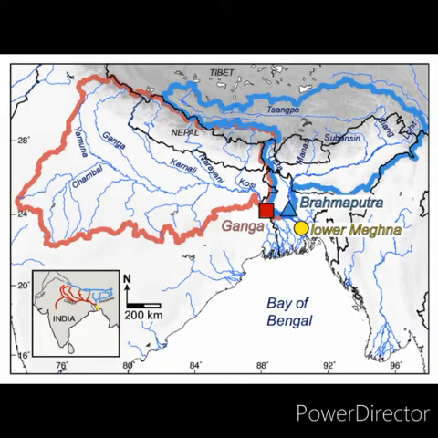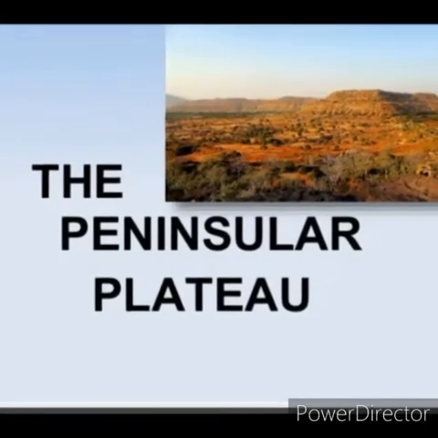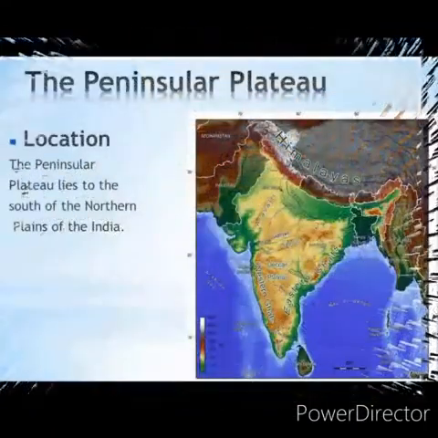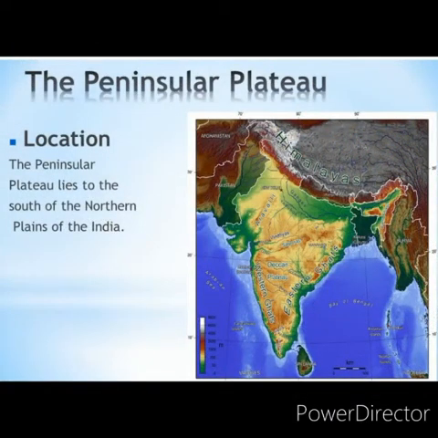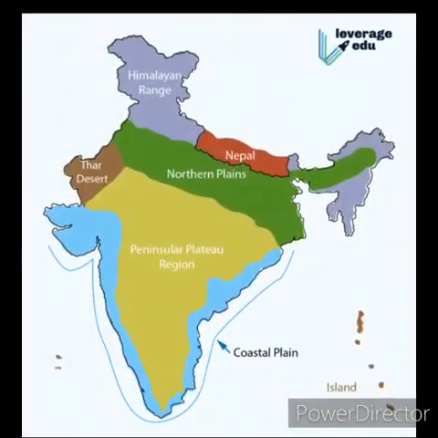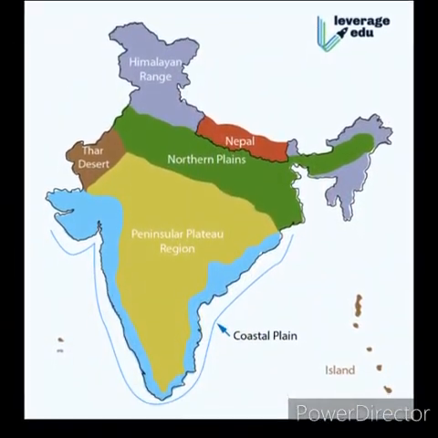Next physical feature is the peninsular plateaus. The peninsular plateaus of India are towards the south of the northern plains, and they cover about half of the total land area of India.